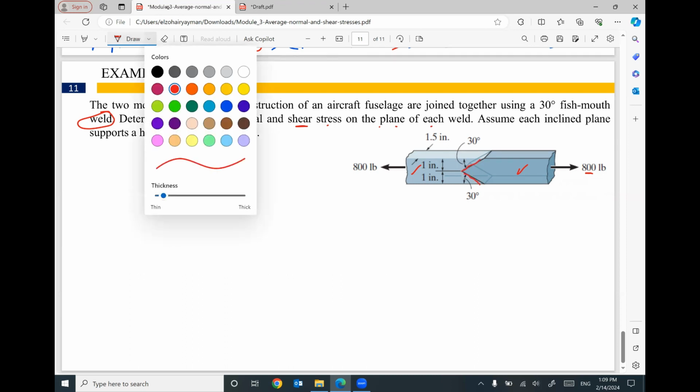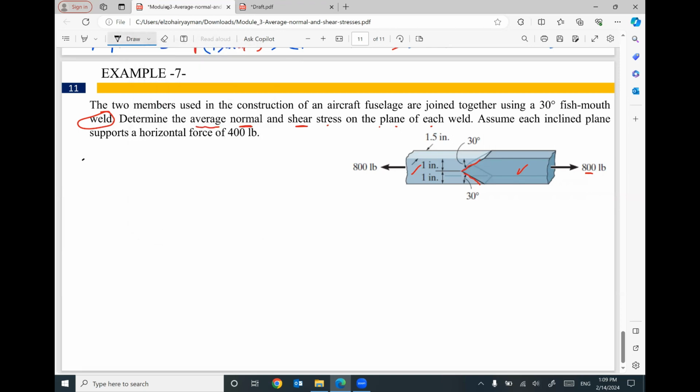So keep in your mind, if you decided to use the right part, 800 pound, this inclined plane and this inclined plane, we will have a force here of 400 pound, and we will have a force here of 400 pound to make a coupling.